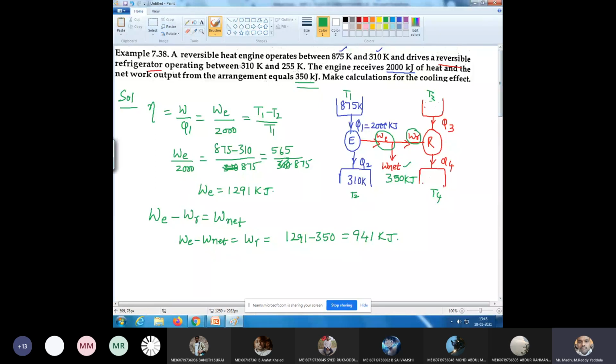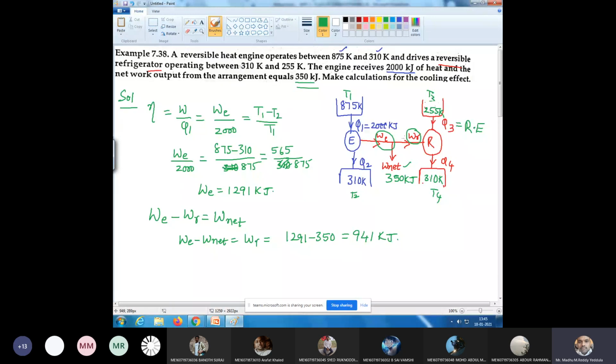Now, what is T3 here? It should be the lower temperature, 255 Kelvin, and the higher temperature is 310 Kelvin. What is the refrigerating effect here? Extracting heat from the lower temperature body is my refrigerating effect.